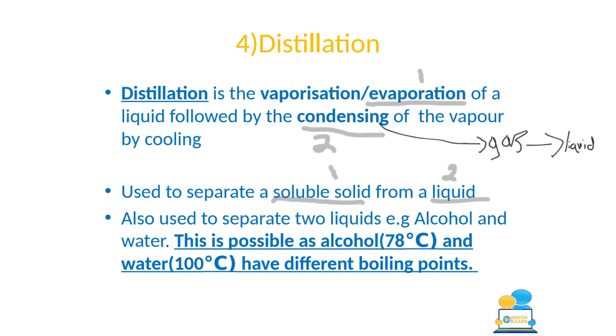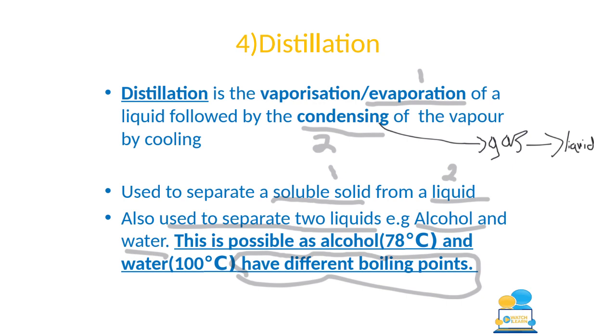We can also use distillation to separate two liquids, such as alcohol and water. And again, this is possible as alcohol and water have different boiling points. The boiling point of alcohol is 78 degrees, and the boiling point of water is 100 degrees.